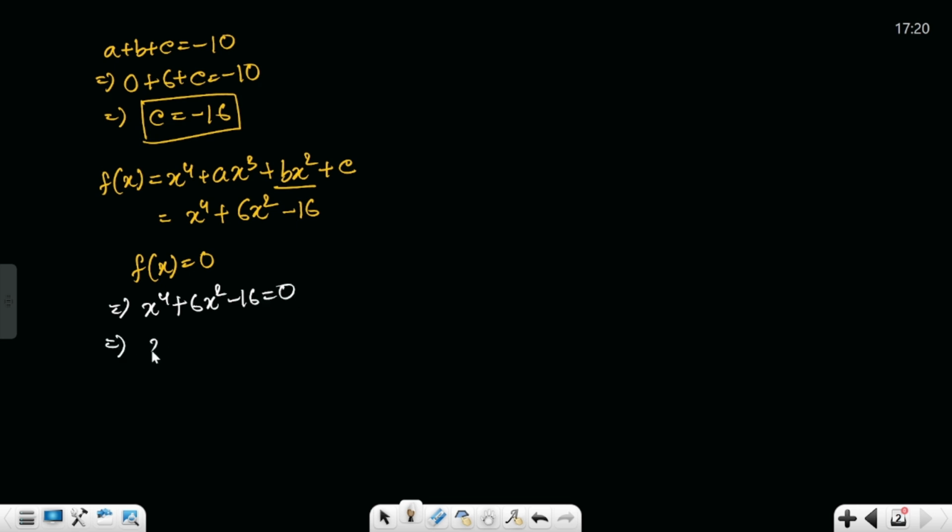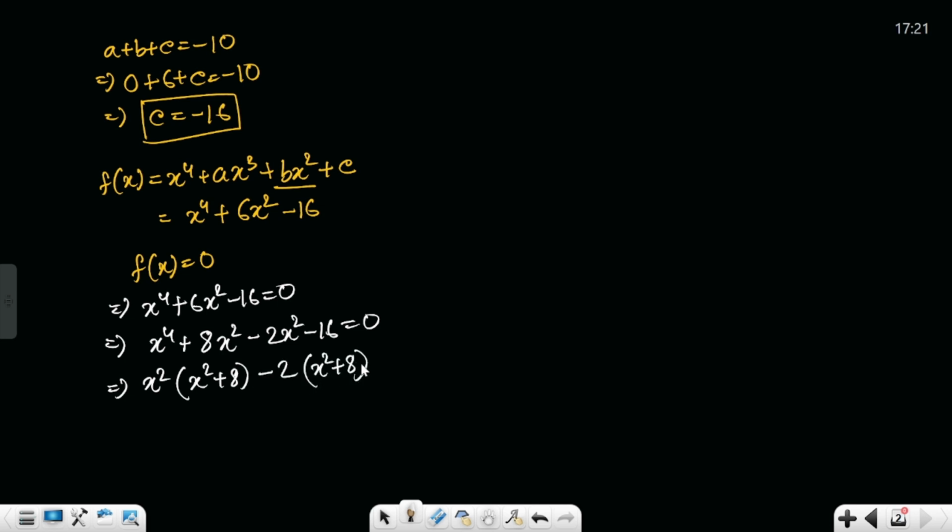So from here we can get x to the power 4 plus 8x squared minus 2x squared minus 16 equal to 0, or x squared into (x squared plus 8) minus 2 into (x squared plus 8) equal to 0. Okay, so we will get (x squared plus 8) into (x squared minus 2) equal to 0.